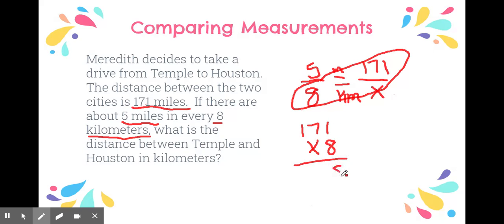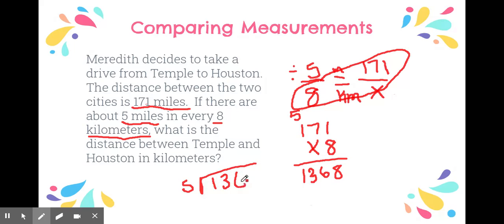8 times 1 is 8. 8 times 7 is 56. 8 times 1 is 8, plus 5 is 13. Then I divide by that 5. So 5 can't go into 1, so we go to 5 into 13, which is 2, because 5 times 2 is 10. 13 minus 10 is 3.